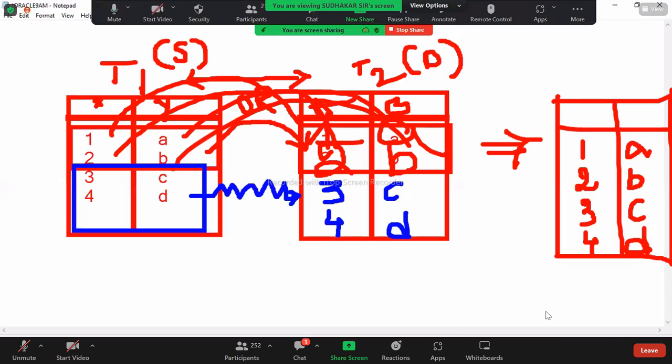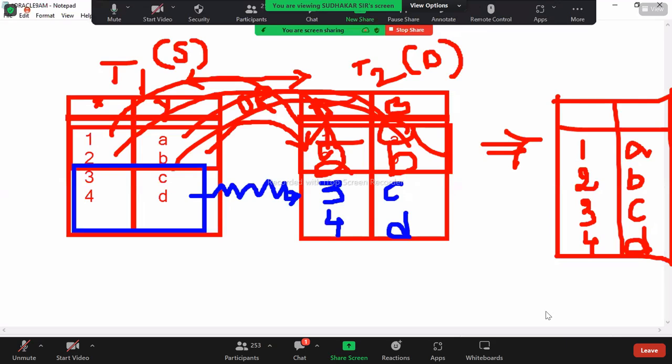So what is the advantage of the merge technique? Whenever we need to transfer data from a source table to a destination table, if the destination table already has some data, that existing data is left undisturbed, and only the unmatching or new data will be transferred.